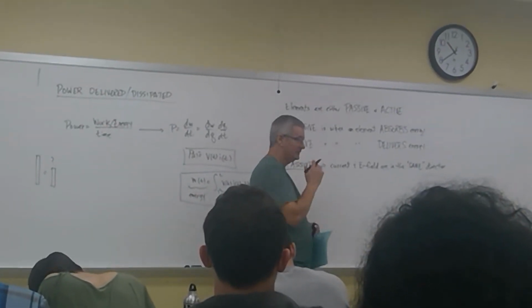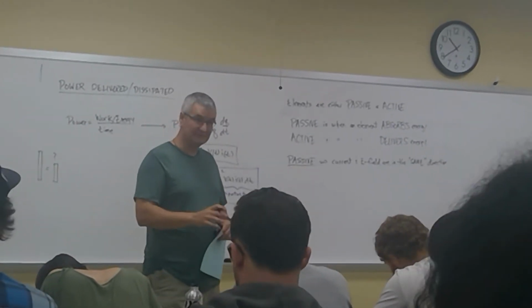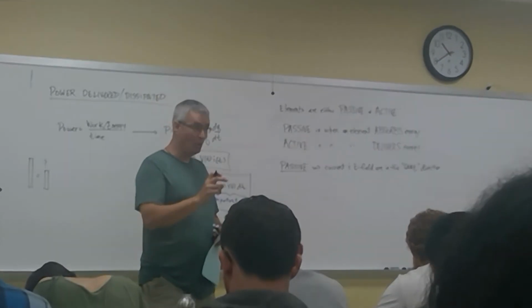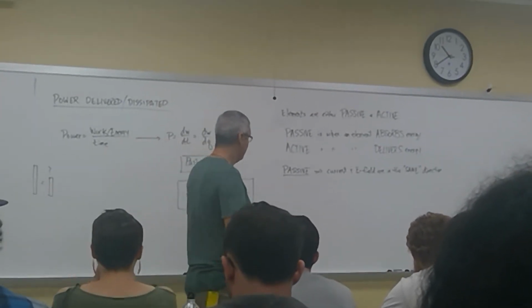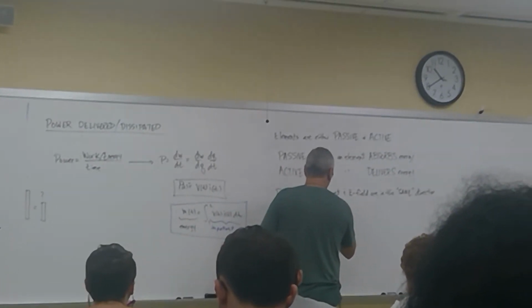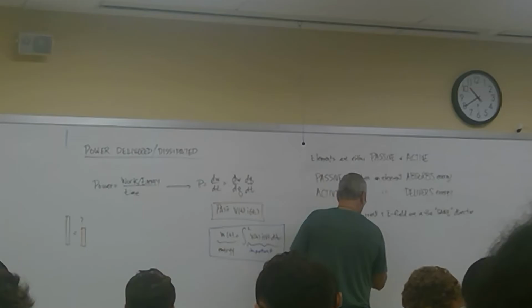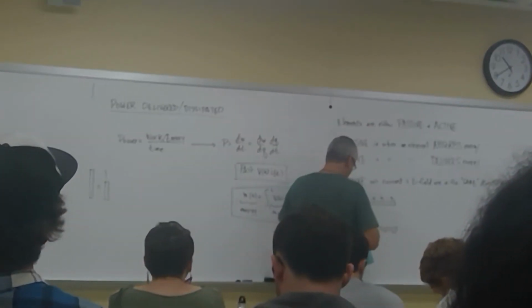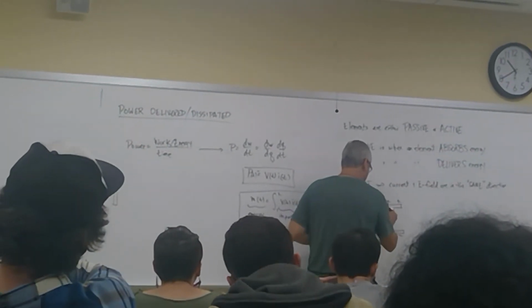Note, this is a parallel plate. I'm not treating it as a capacitor, I'm only treating this as a parallel plate. So if I have two parallel plates, I imagine that I have a field going in this direction.